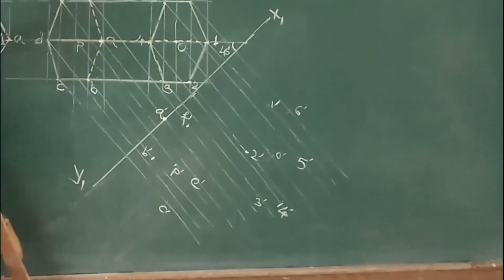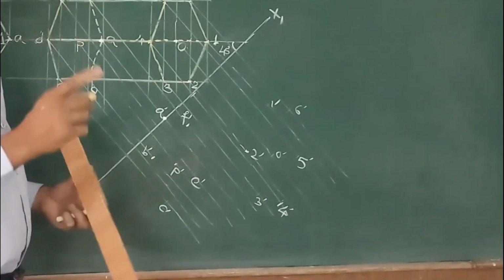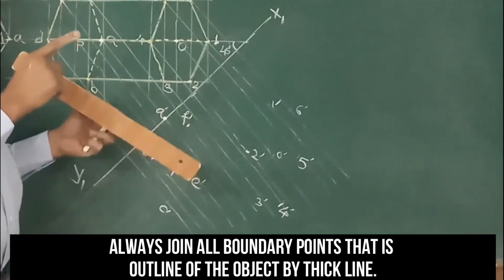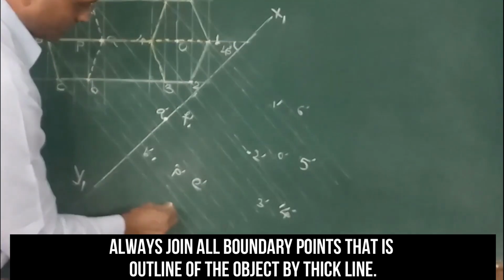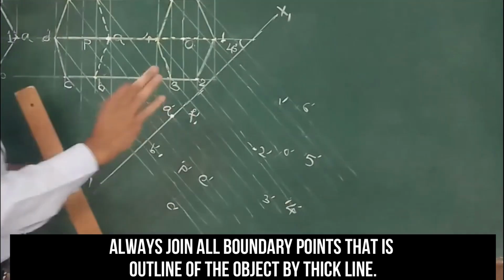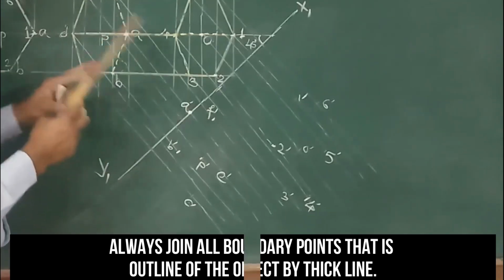Now which points fall on the boundary you can see, but while joining the points we have to always take care that you join the existing edges on the solid. Like what I mean to say, you cannot connect C with 4 because C4 is not the existing edge on the solid. So let us start drawing.